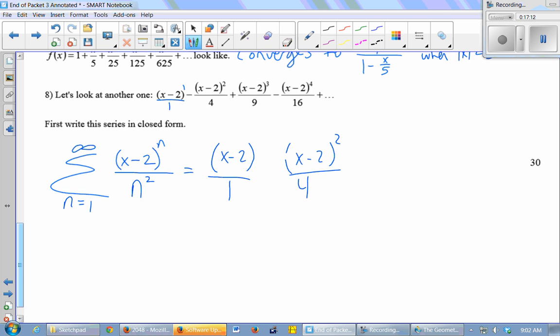To make the signs alternate, I could put in a minus 1 and raise it to, if I just did the nth, then my first term would be negative. So maybe I'll do n plus 1. So my first term, I'll be squaring that thing and it'll come out positive. My second term, I'll be cubing it, and so it'll come out negative. Does that make sense? Okay.